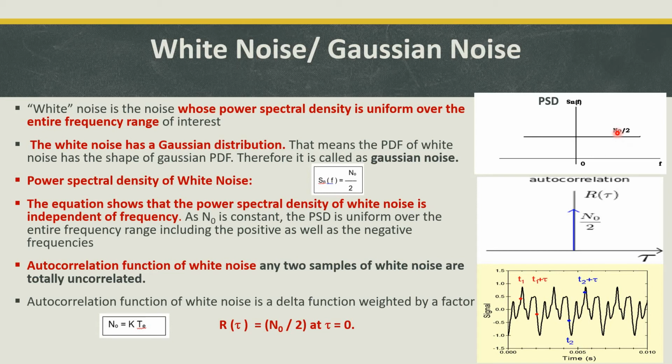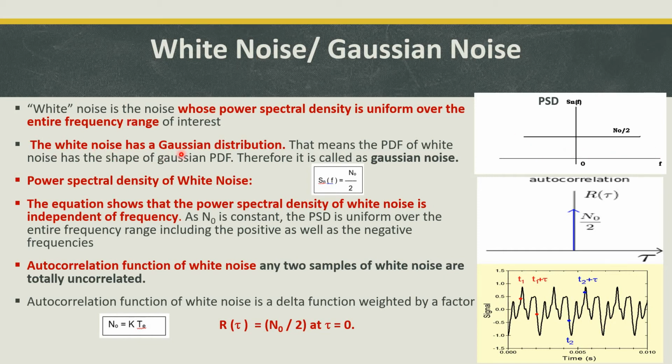The value is N0 divided by 2. So this diagram represents the power spectral density of white noise or thermal noise, which is present in the entire frequency range.